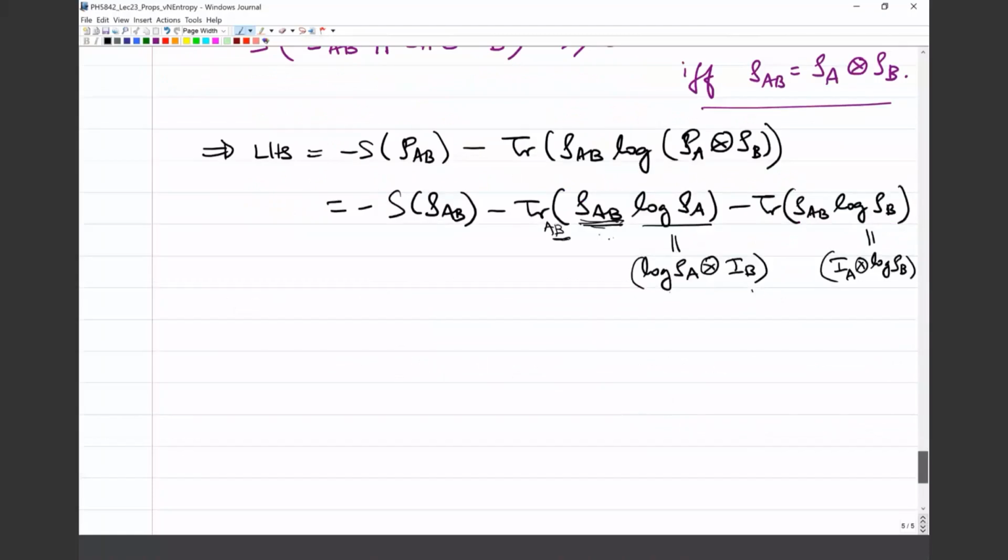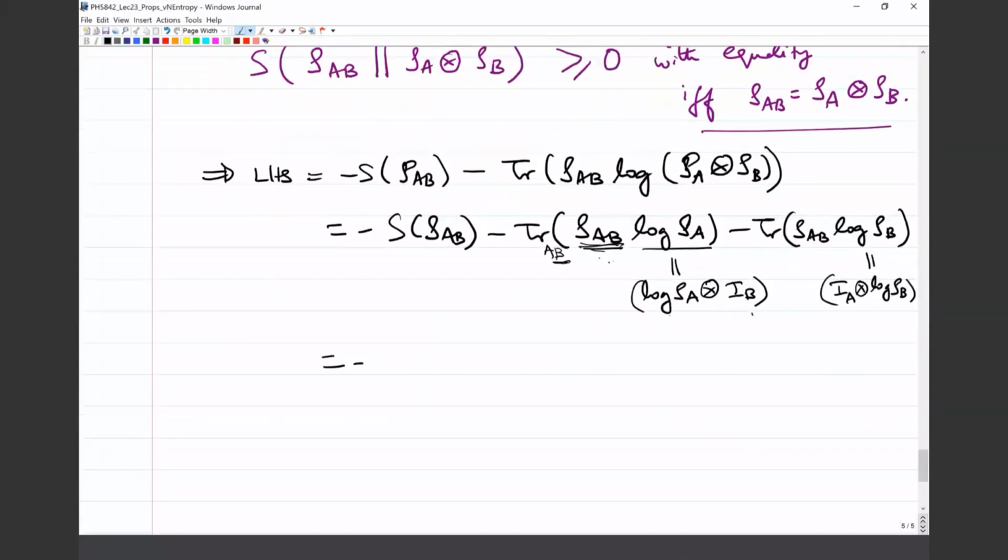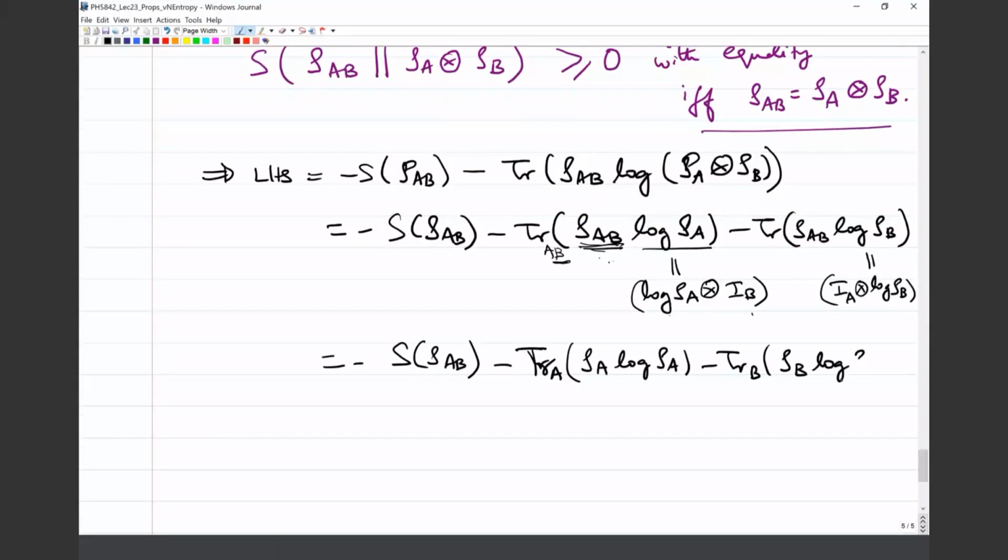So this simply becomes minus joint entropy minus, I do the trace over B first. This is exactly like in the classical case, you're summing over one of the two probability indices, right? You're summing over one of the two probabilities. So now this gives me trace over A, rho A log rho A, minus trace over B, rho B log rho B. So this is nothing but minus joint entropy plus S_A plus S_B.